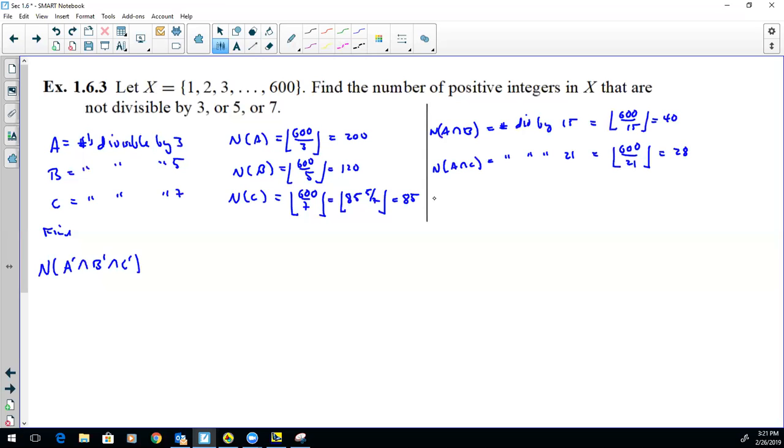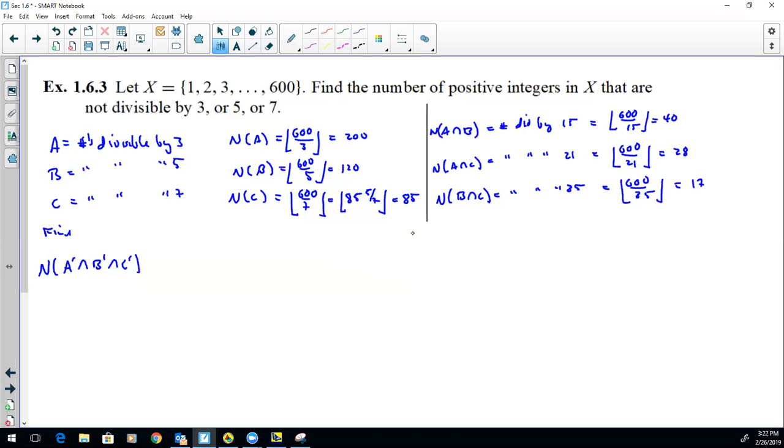One more of the two set intersections, and these would be the things in B intersected with C. So this is the number divisible by 5 times 7, 35. So you take 600 divided by 35, and that's going to be 17 point something. So 35 goes into 600 evenly 17 times.